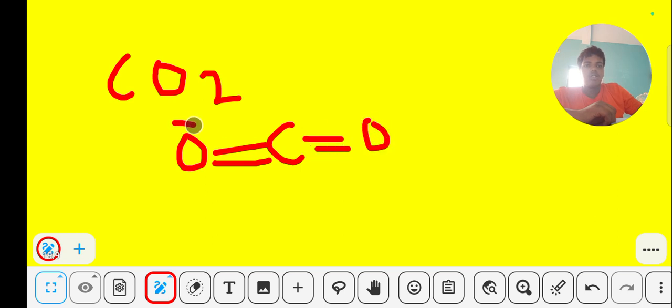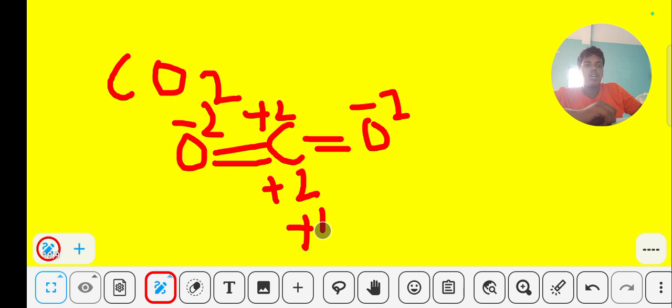Oxygen is more electronegative, so it has -2 charge, and the other oxygen also has -2 charge. For this -2 there will be +2 charge on carbon, and for this oxygen there will be +2 charge. So in overall carbon has +4 charge.